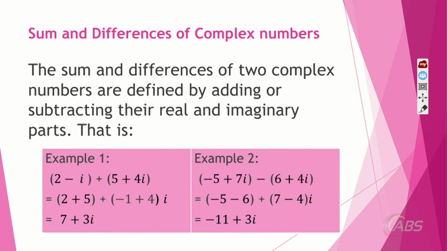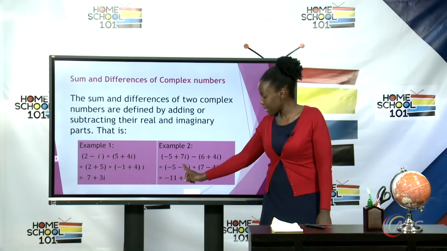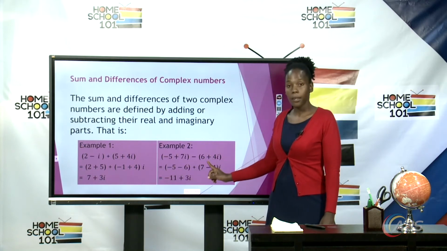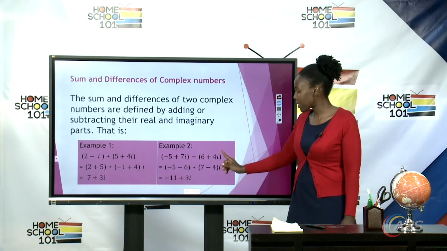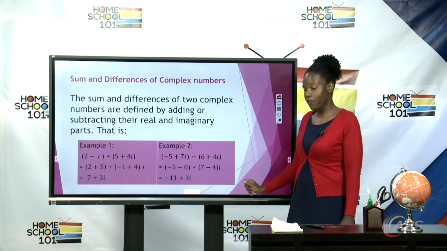In terms of their imaginary parts, for the first, it is 7i, and the second would be 4i. So again, we're taking the difference between the numbers and paying close attention to the sign in front of each number. In this case, we have negative 5 minus 6, and in terms of their imaginary parts, it becomes 7 minus 4.